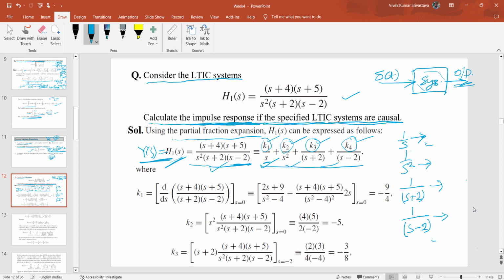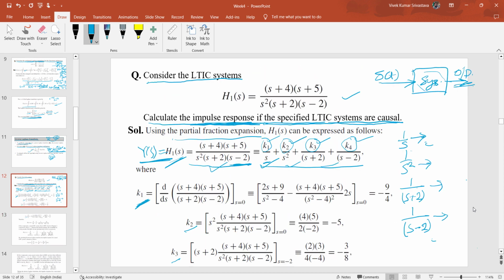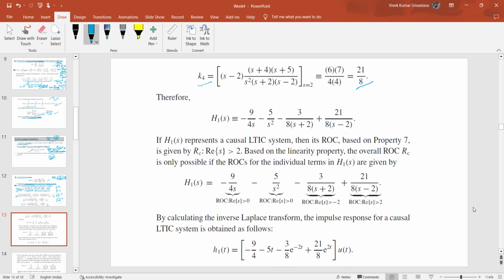Evaluating this is basically a mathematical process. For finding k1, k2, k3, k4, you can find the method in any engineering mathematics book. Once you calculate, k1 is equal to minus 9 by 4, k2 is equal to minus 5, k3 is equal to minus 3 by 8, and k4 is equal to 21 over 8.